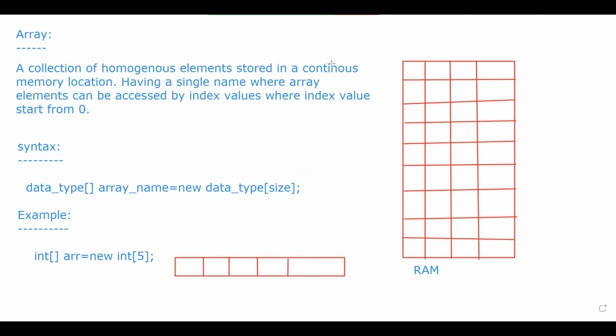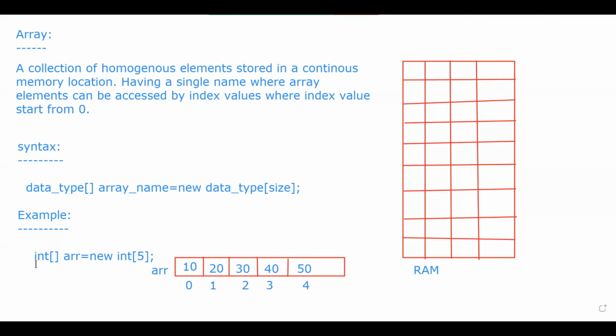Just randomly, some data: 10, 20, 30, 40 and 50. The array name is ARR, which we have given. The index values I'll give as 0, 1, 2, 3 and 4. I'll tell you what this index value is and why it is used.